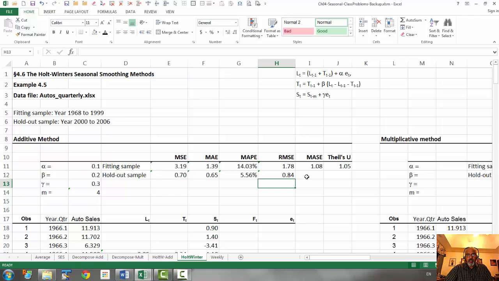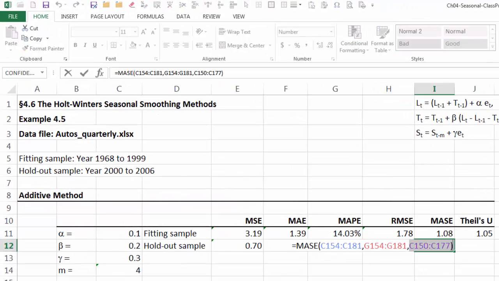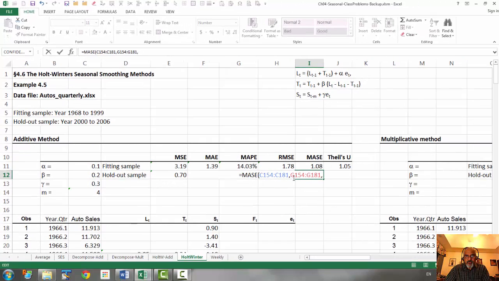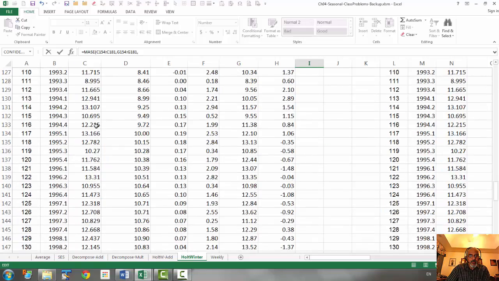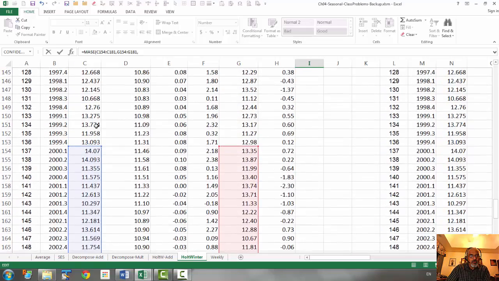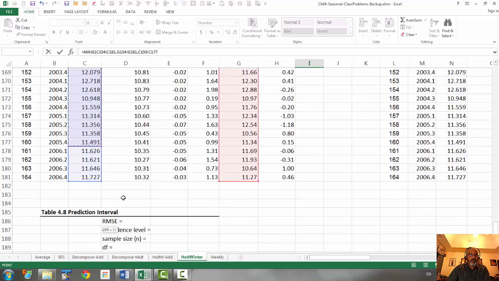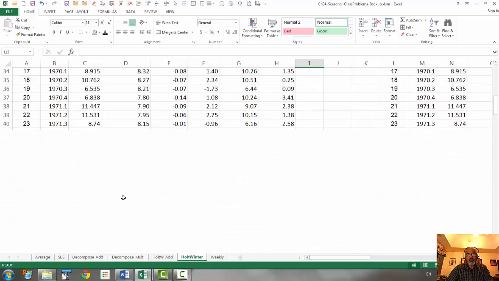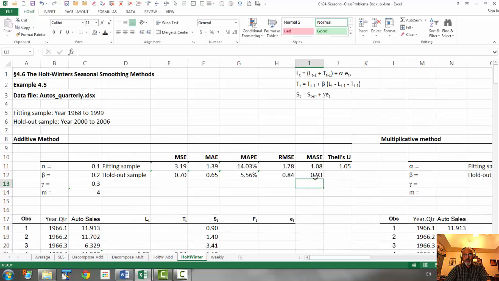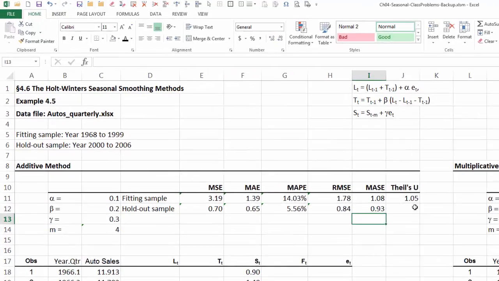Now MASE, same two ranges as these, except the third range is going to be for 1999 through 2005. After setting up the first two ranges, you go to the actual value starting from 1999 through 2005. That will give us MASE, and same range for Theil's U.